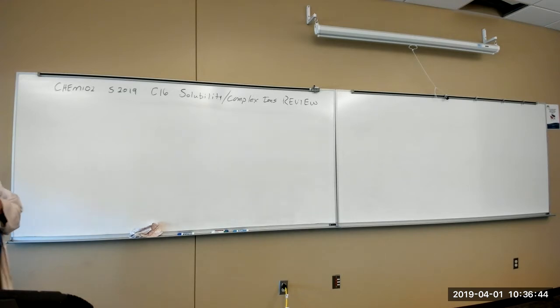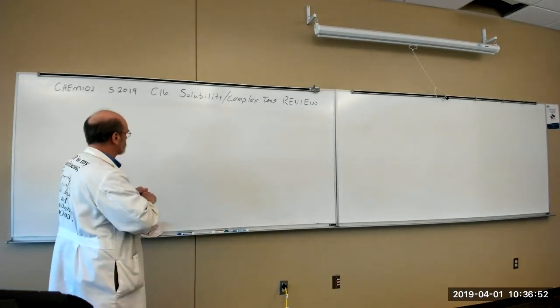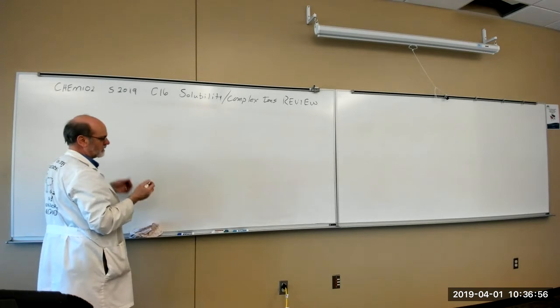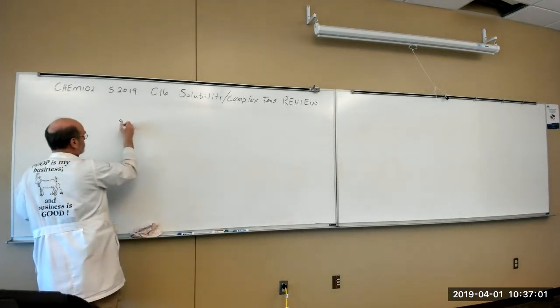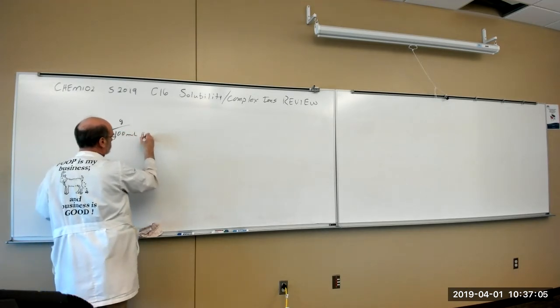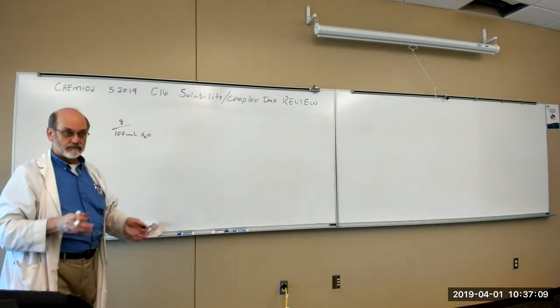That's just to distinguish it from the alternate. Usually what you'll see in the CRC handbook is so many grams per 100 milliliters of water. That tells you the solubility of a compound.